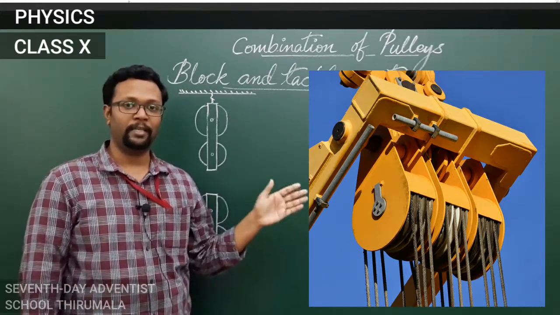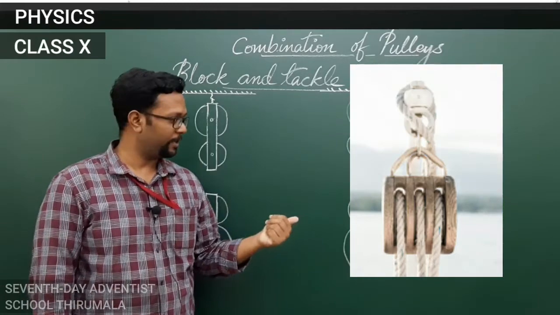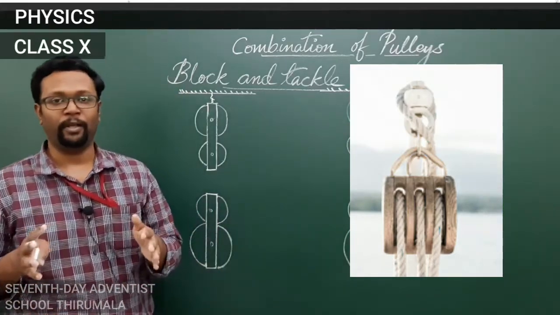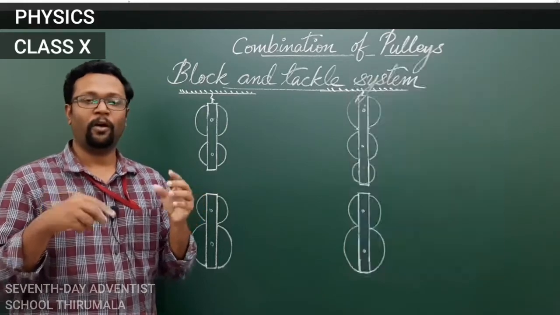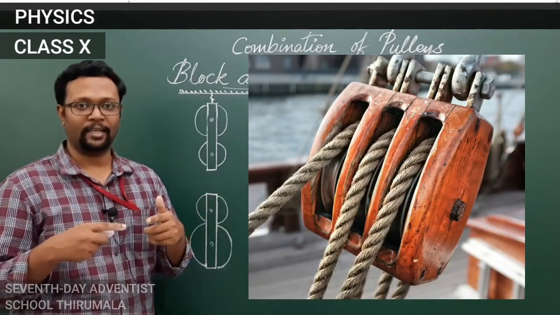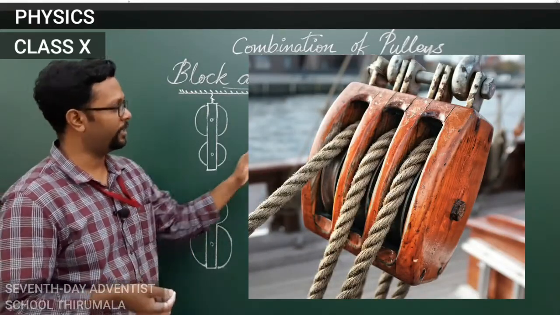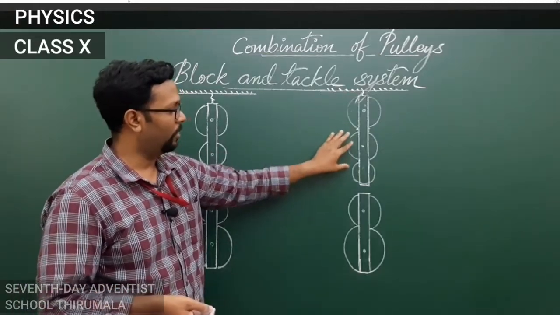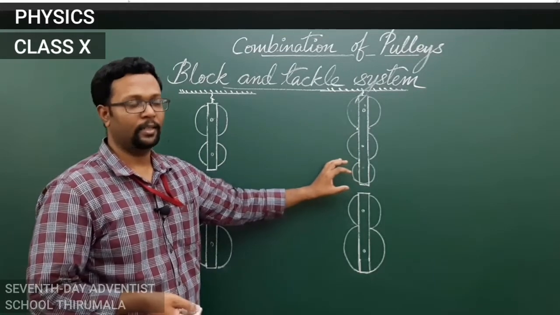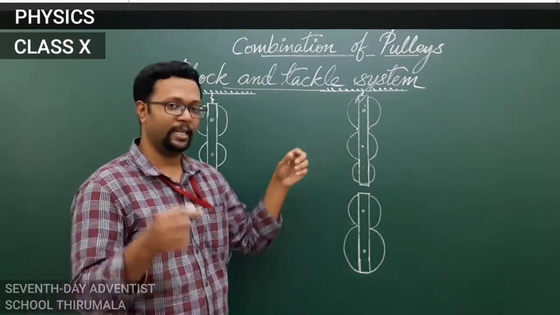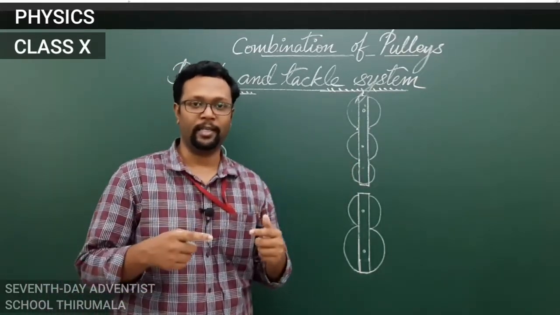So 9 pulleys are rotating, and in the next picture you can see 3 pulleys connected on a single axle. All these pulleys are connected on a single axis, but for diagrammatic representation we show all 3 pulleys separately, one beneath the other. In real life they are all connected on a single rod and rotating simultaneously.